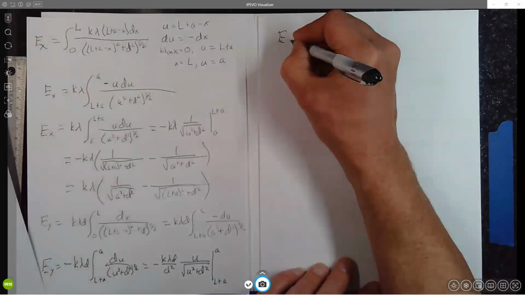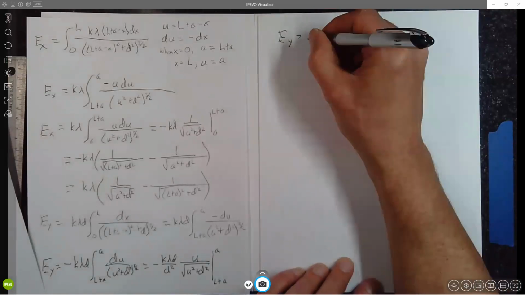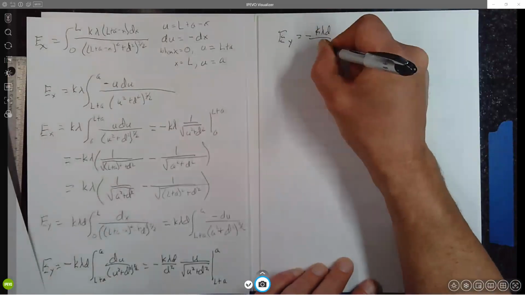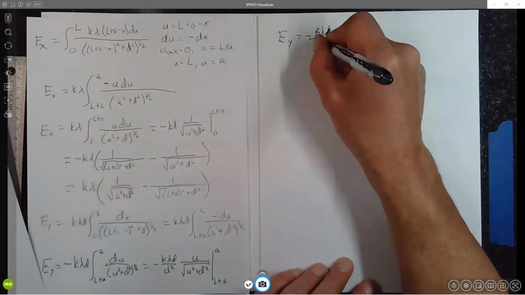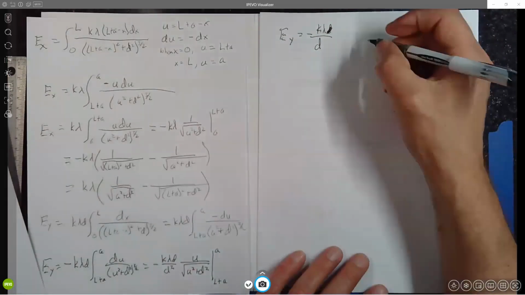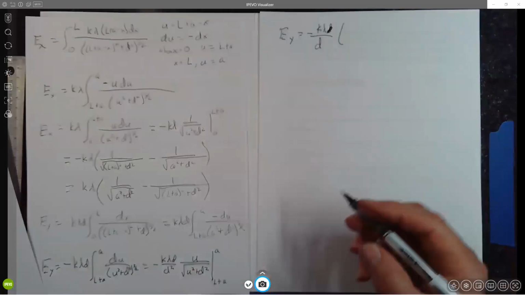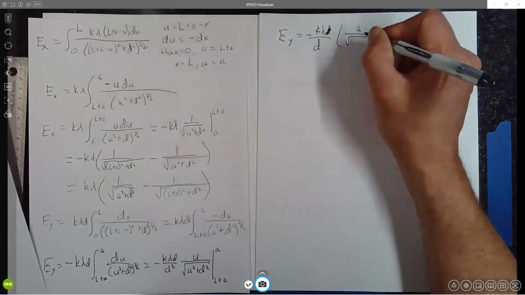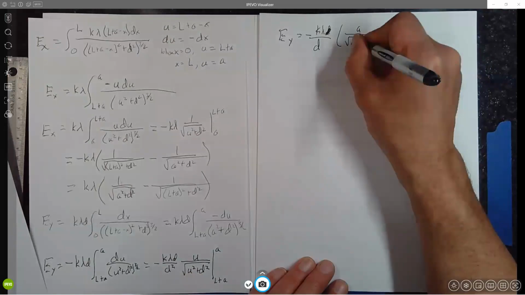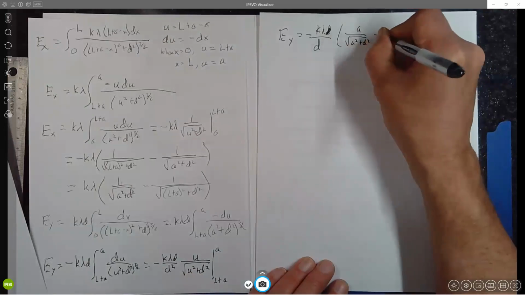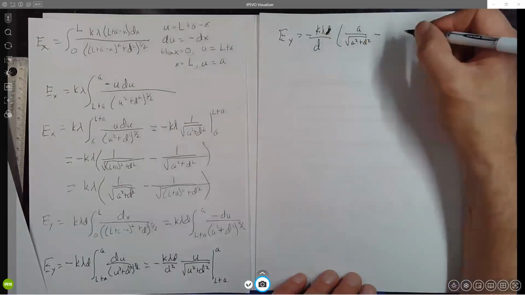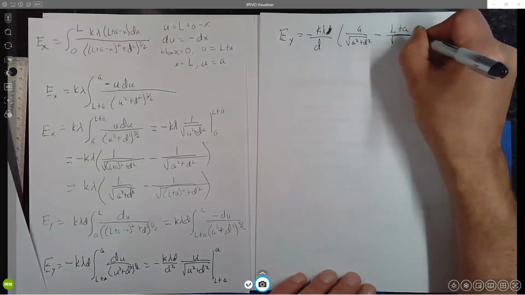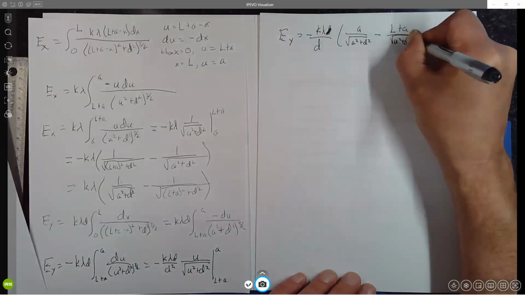Keep going with E sub y, it will equal minus k lambda d divided by d, let's just call it minus k lambda over d. Evaluating at those limits, for u, I'll have a over the square root of a squared plus d squared minus L plus a over the square root of u squared plus d squared.